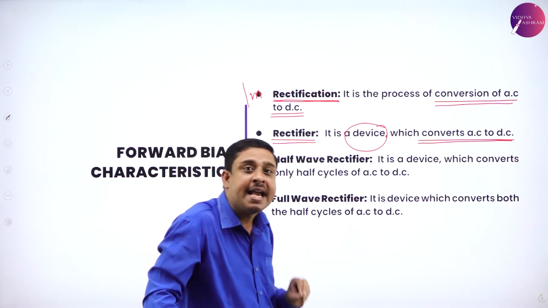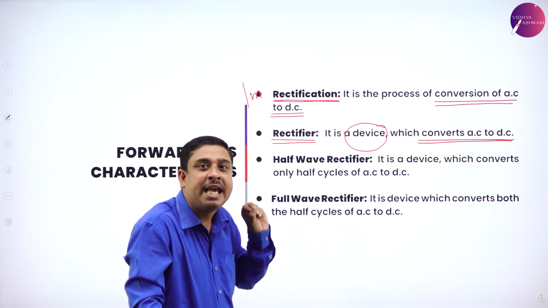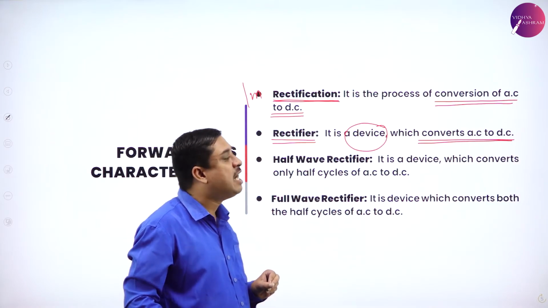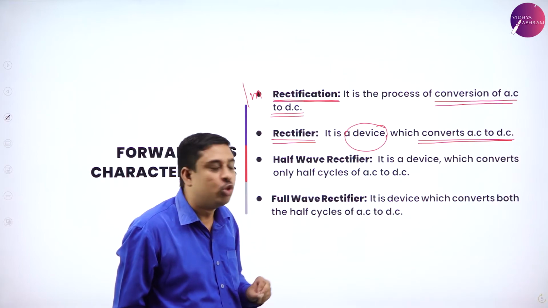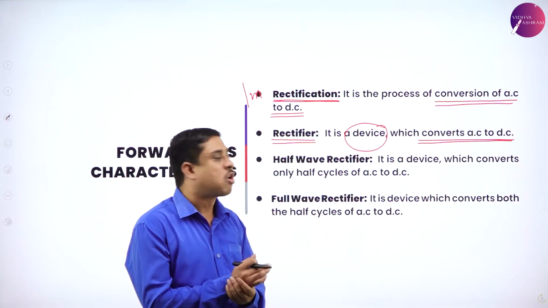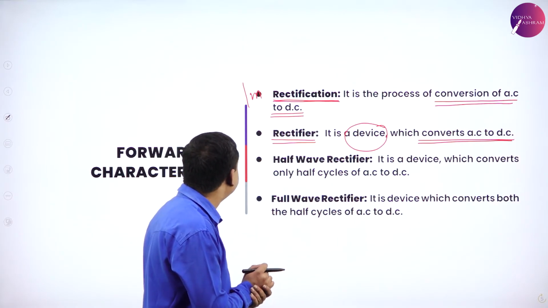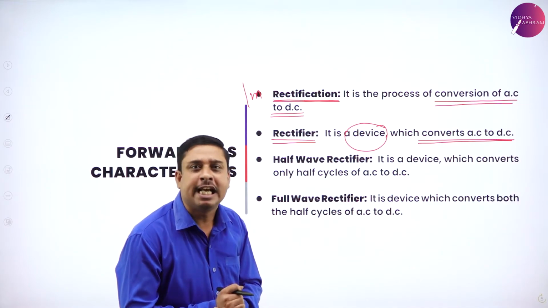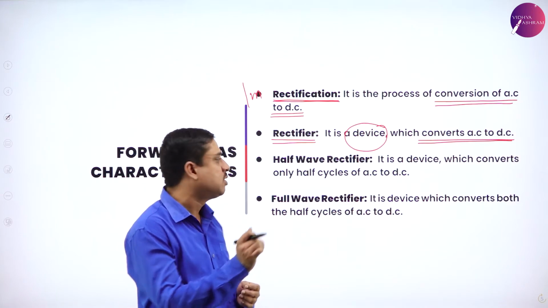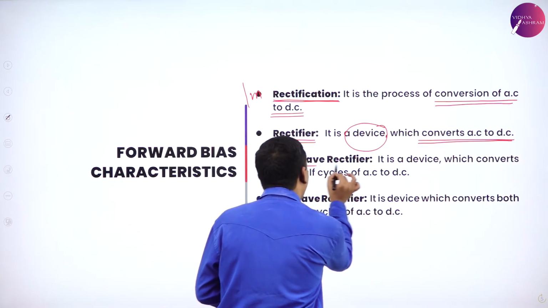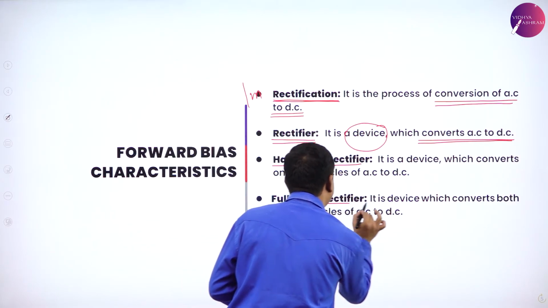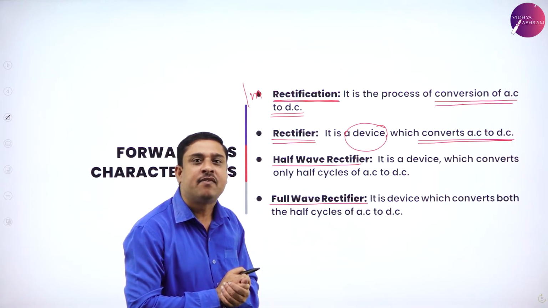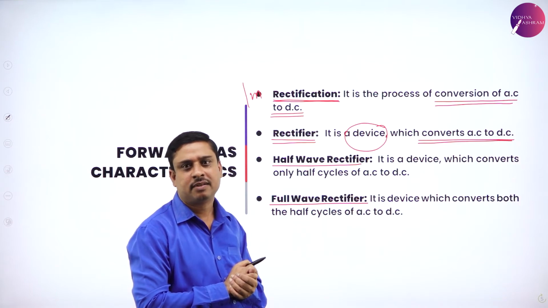And a device like a PN junction diode, which converts AC to DC, is called a rectifier. And we have two types of rectifications. One is called a half wave rectifier. The other one is called a full wave rectifier.